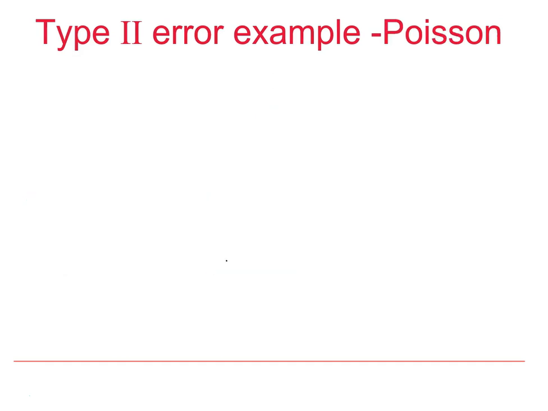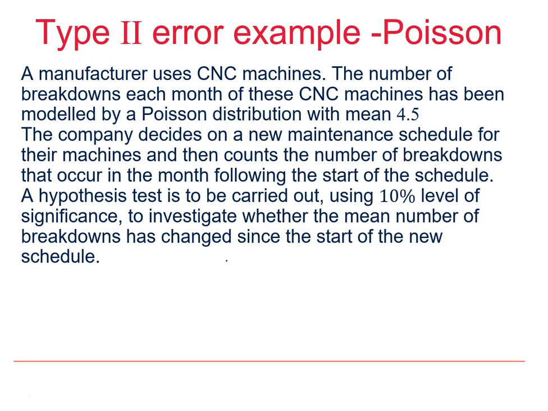So if we now look at an example from a Poisson model, and again perhaps you want to just pause here and read through and work out the information you've been given and how the test would be set up for this particular scenario.